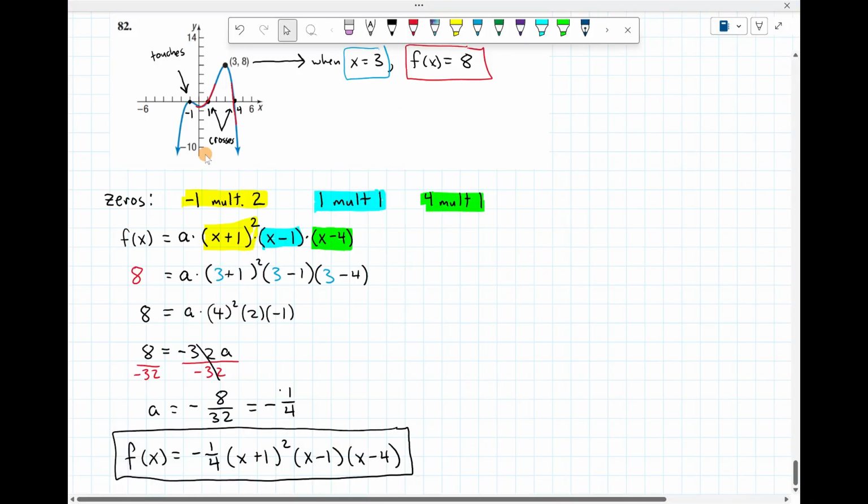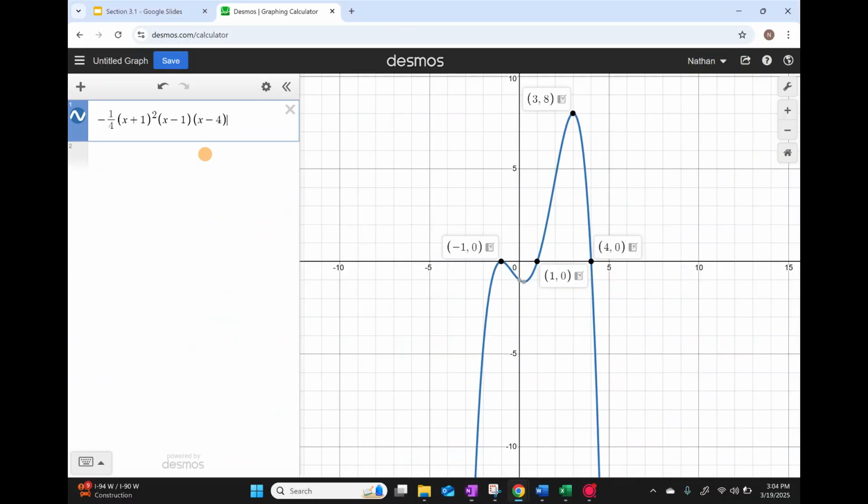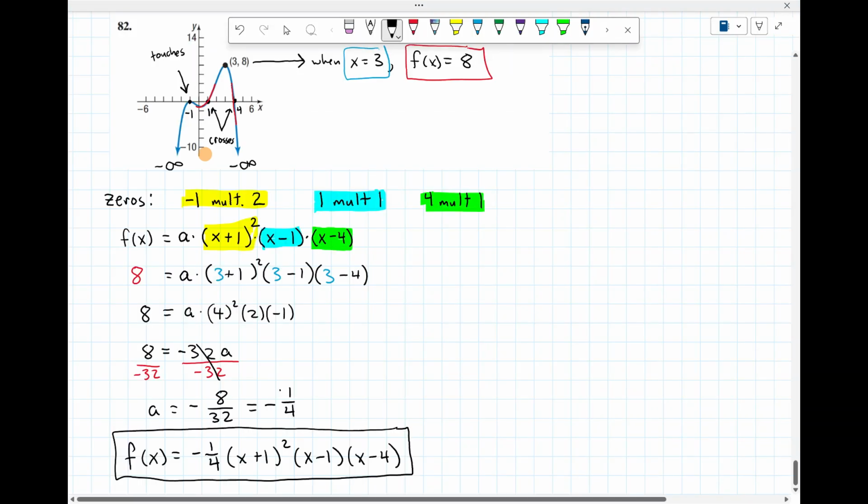And notice that on the left and the right of our graph, it goes to negative infinity, and that's exactly what happens here. Okay. So it is looking very good. We did this problem correctly, and that is it. So I hope that was helpful.